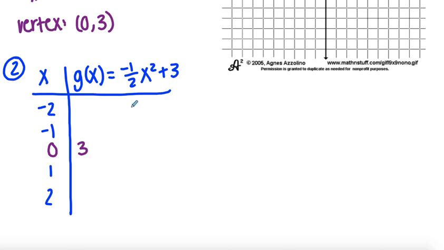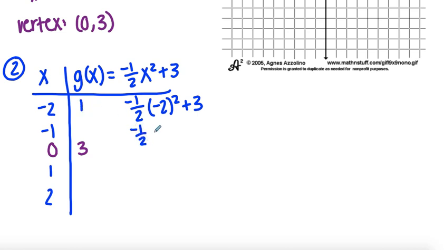And then now I'm going to plug those values into this function. So plugging in negative 2, I have negative 2 squared here. Well, negative 2 squared, that's negative 2 times negative 2, and that gets me a positive 4. Times negative 1/2 is going to get me negative 2 plus 3, and I get 1.